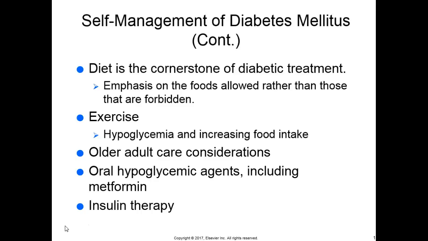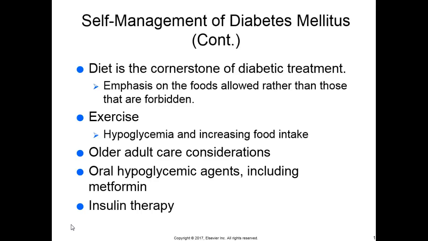Exercise has been shown to improve glycemic control in type 2 diabetics. The exercise program needs to be designed specifically for an individual patient. Again, exercise programs should start out with a milder form of exercise and gradually increase until the patient's tolerance level is at the therapeutic effect that is desired.